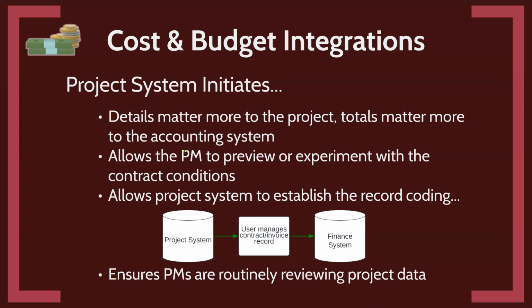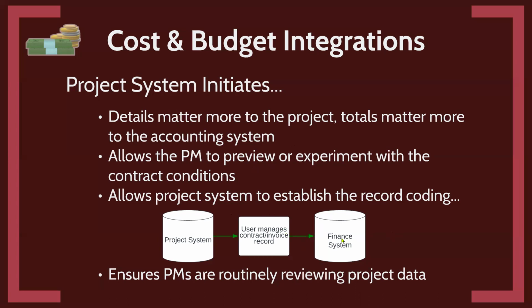And the totals, if you can convince them just to send the totals, it also keeps the project managers engaged because it allows them to preview and experiment with where they stand on the project, changing estimates. And it also allows the project system to establish the coding, meaning that the project system drives maybe what the contract ID is, what the encumbrance ID is.